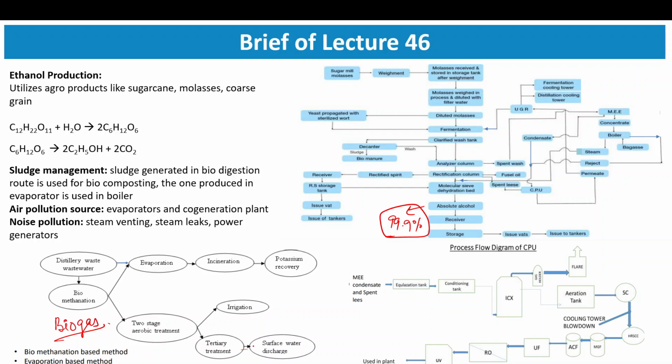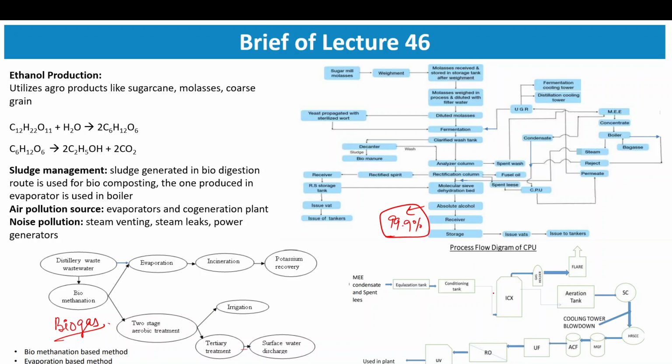Or if we want to discharge it, we can provide tertiary treatment in the form of UV treatment or chlorination and so on, because fungi are also used, which might require disinfection, and it can be discharged into surface water bodies. So that was all about the wastewater treatment.